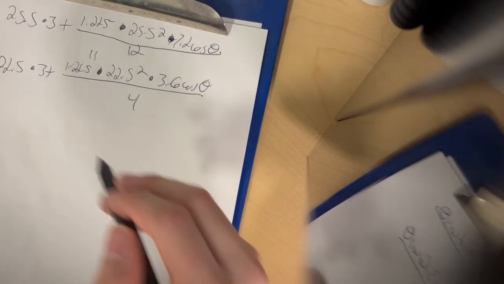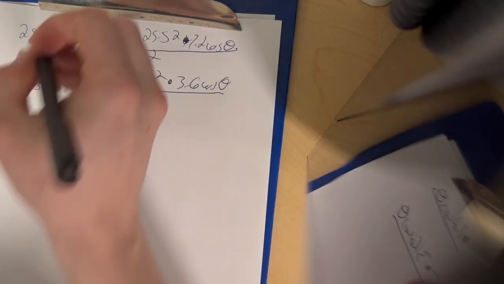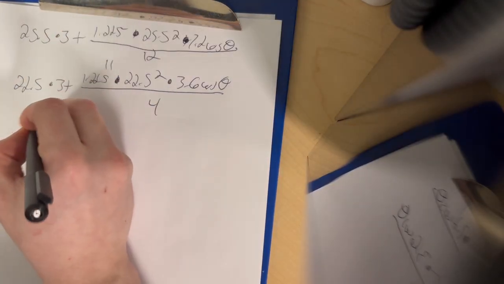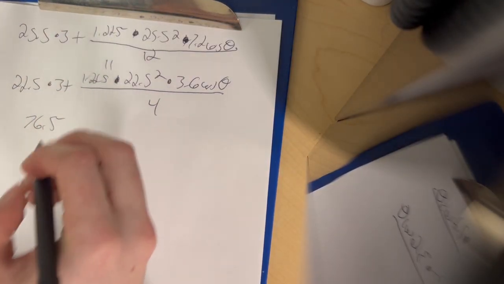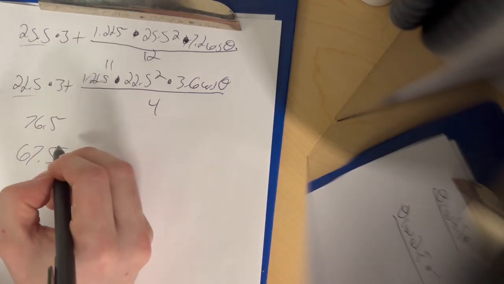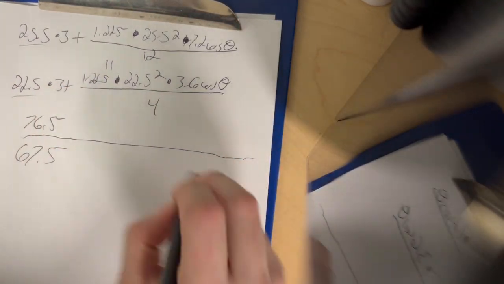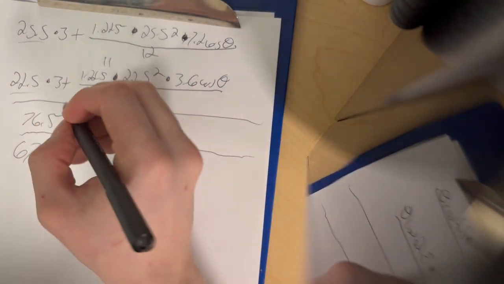These equations need to equal each other. So we can start doing multiplication. That is going to be 76.5, and that's going to be 67.5. Then we separate these equations out.